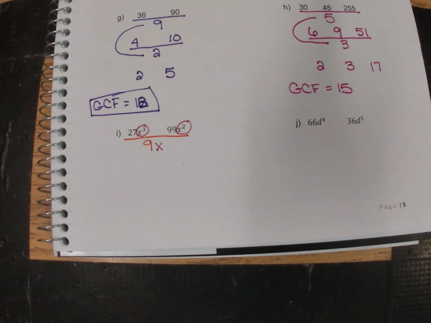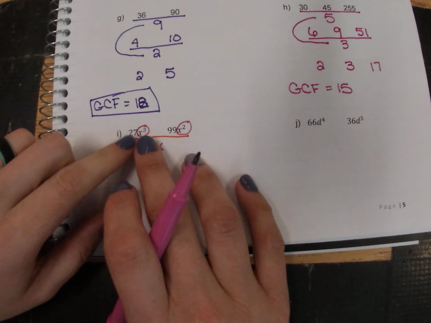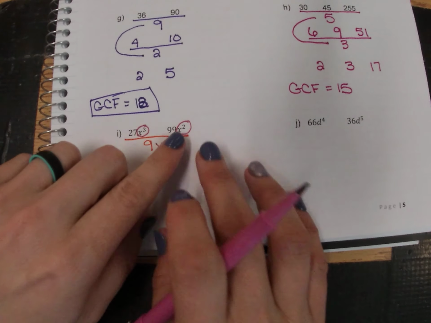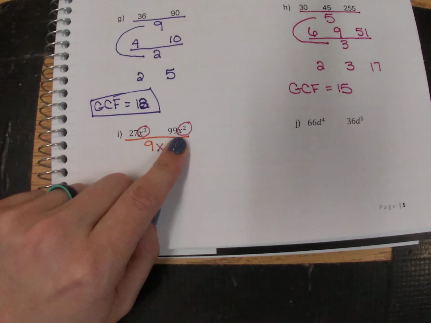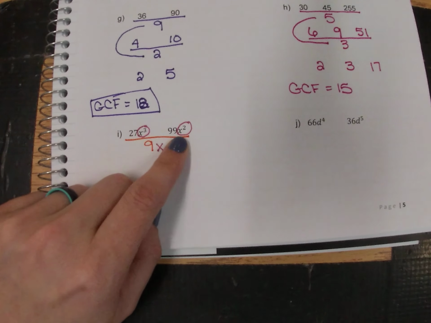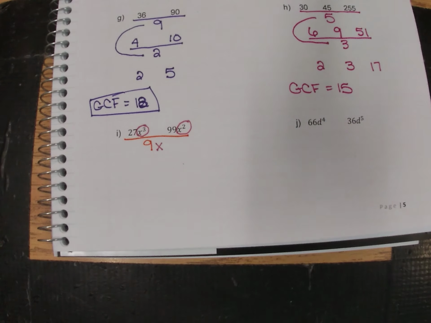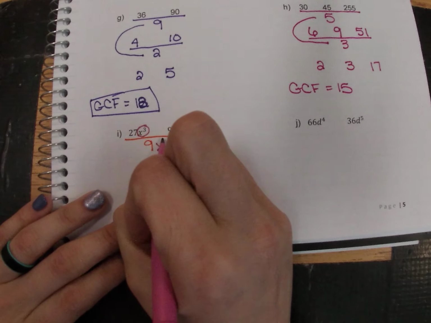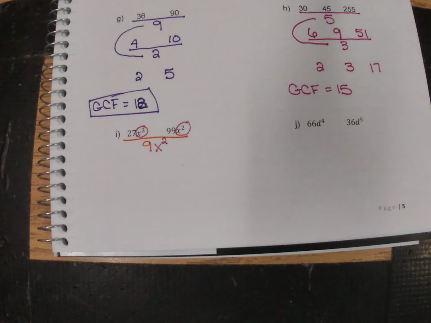And we are going to take out the smaller exponent. Okay, this one over here has 3 x's, and this one over here has 2 x's. So how many x's would they have in common? Well, they would end up having 2 x's in common. If one has 3 and one has 2, there's 2 of them that they would share.